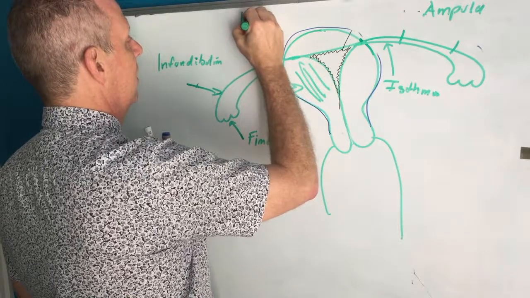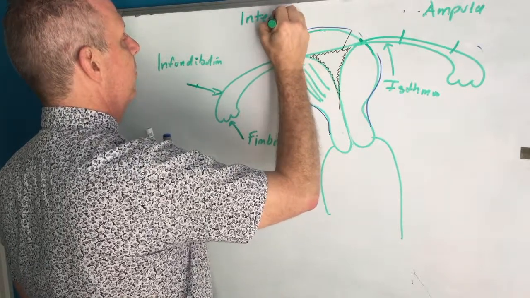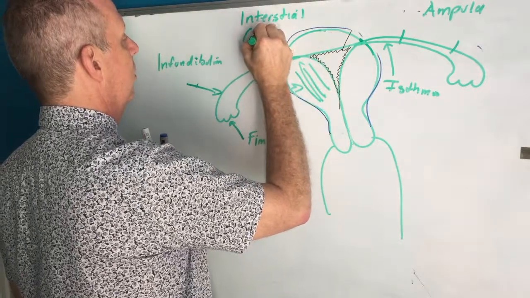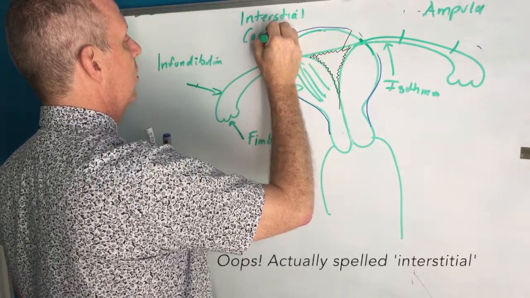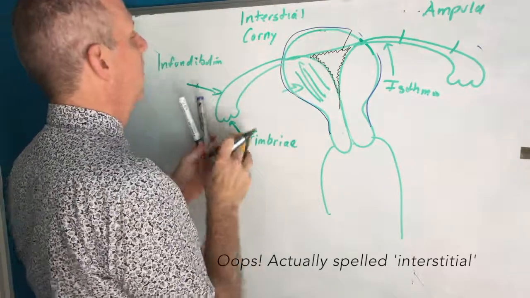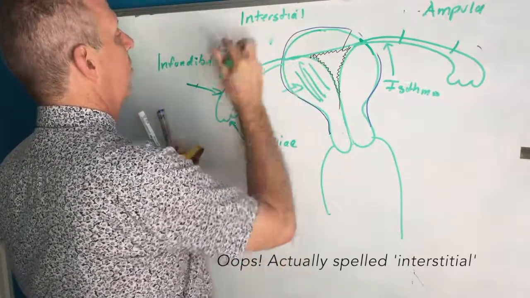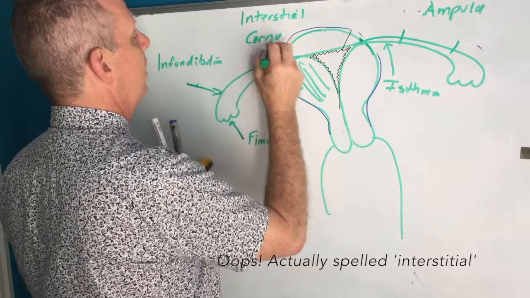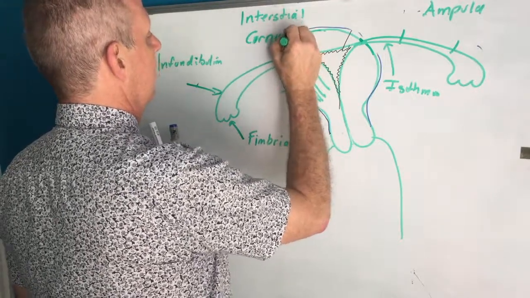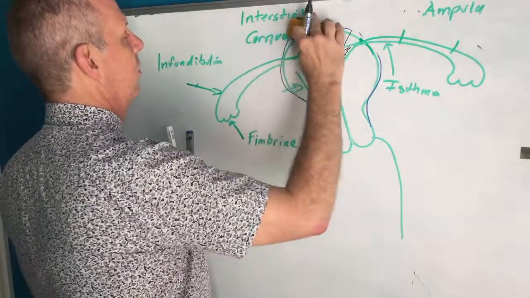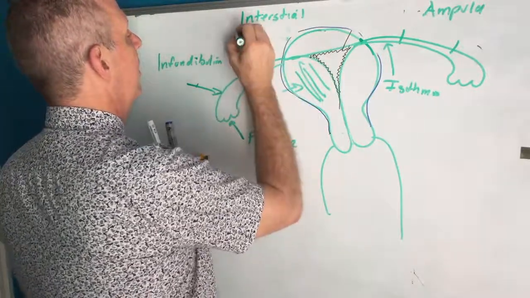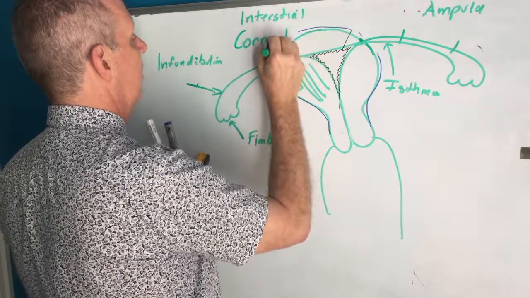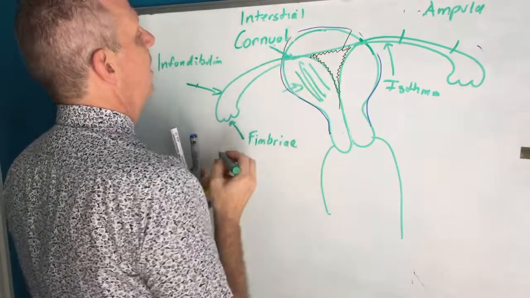It could be either the interstitial or the cornual. The cornu, sorry, C-O-R-N-U, cornu. And there's a cornual part. I'll write that again. I've got good doctor's handwriting. Let's try that again. C-O-R-N-U-A-L. That section right there.